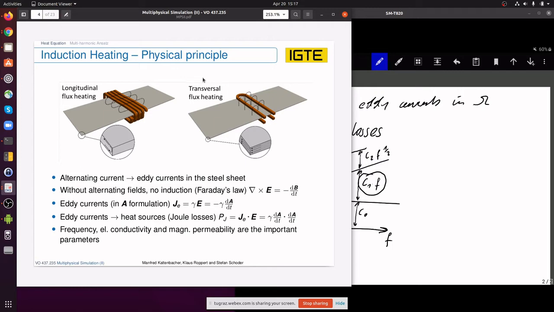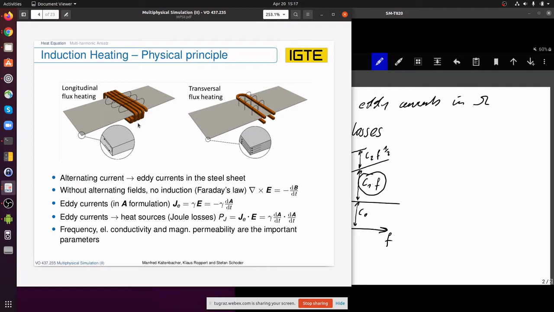you're acting in different frequency regions. For the longitudinal flux heating on the left, if you want to heat very thin structures like sheets, the frequencies can increase very drastically, in the 100 to 200 kilohertz range. If you want to heat solid material like a thick cylinder, this is not such a big deal, but especially for thin sheet-like objects it is.